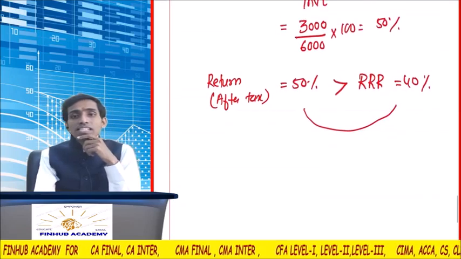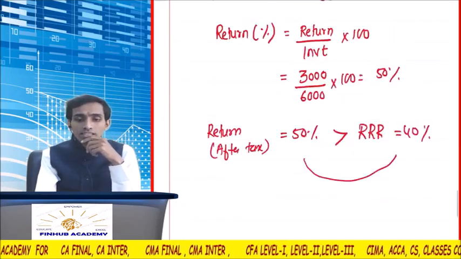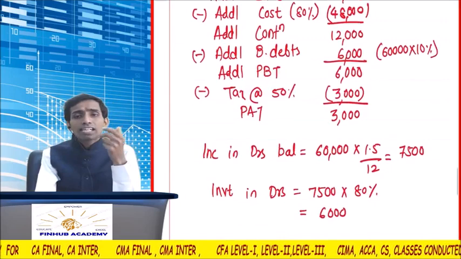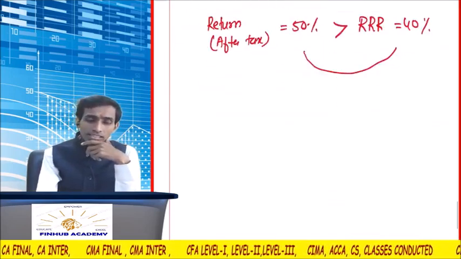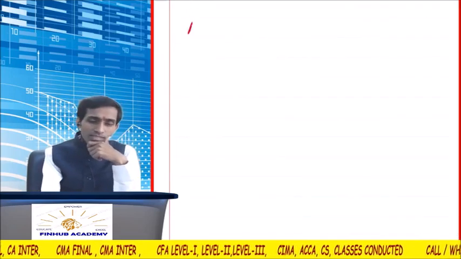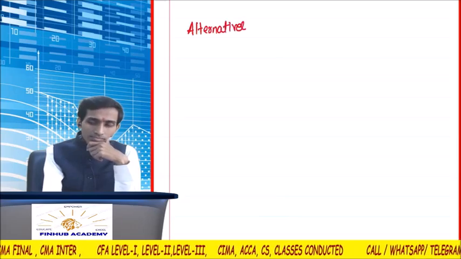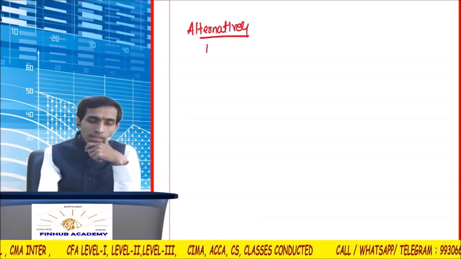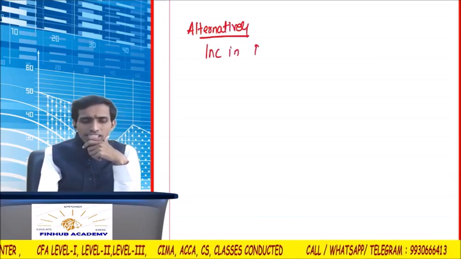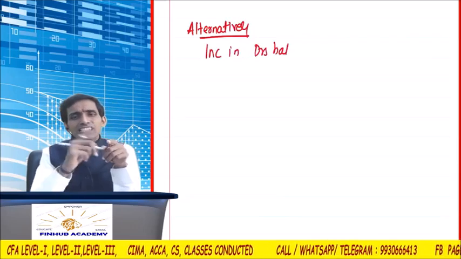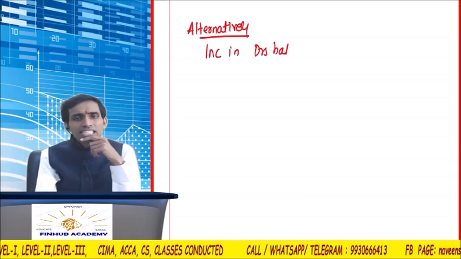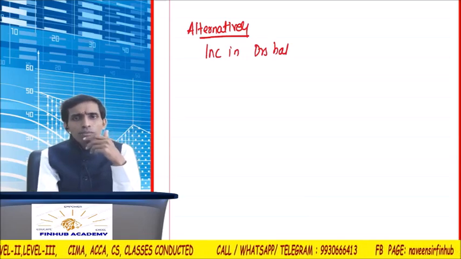Now some people will say, sir, you suddenly changed the format and tried to calculate in a different way. Listen, alternatively, I will go the same way as before. Increase in debtors balance, additional sales, our format.